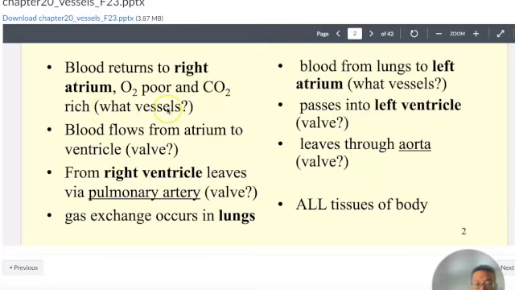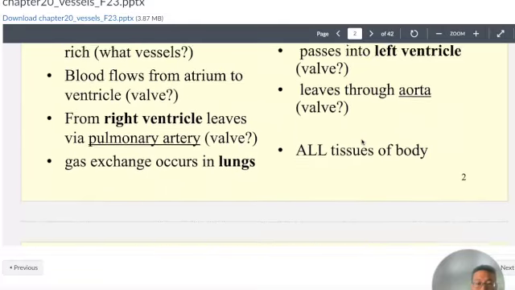Okay, you remember the vessels are reversed when it comes to these guys, these guys would be the veins. These guys would be the arteries, and then these guys coming back would be the veins. Okay, even though it's oxygenated blood on the left side.